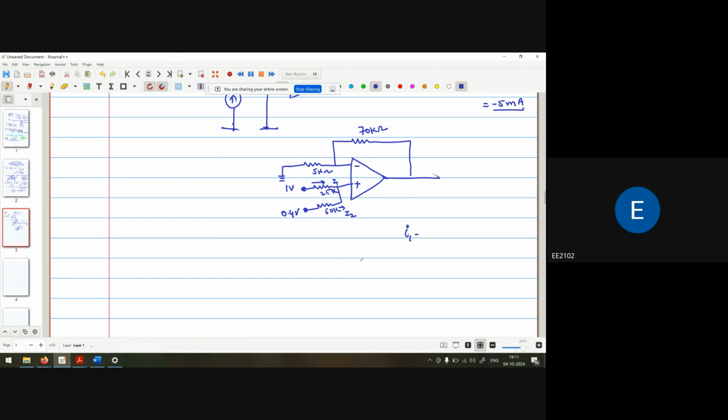So the value of I1 is equal to 1 divided by 25K, and the current in the I2 branch is 0.4 divided by 50K. Now again the virtual ground concept: the voltage at this point and the voltage at this point will be the same.